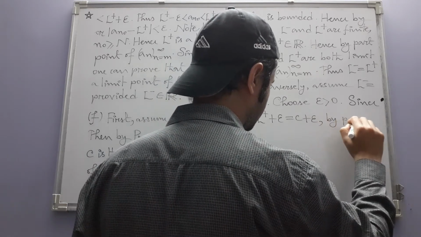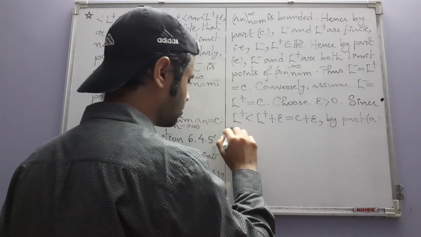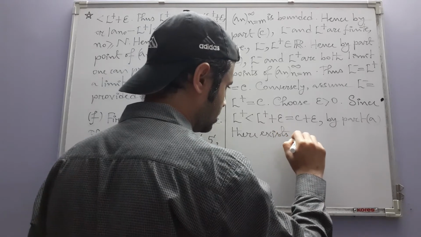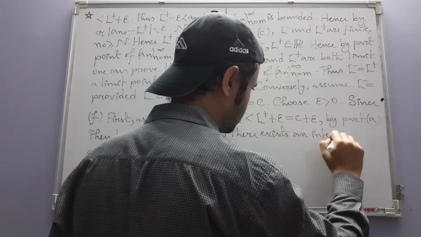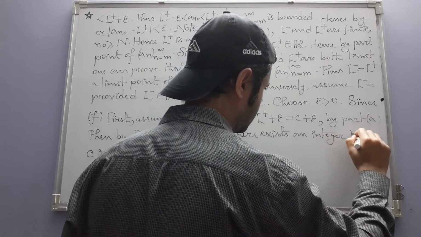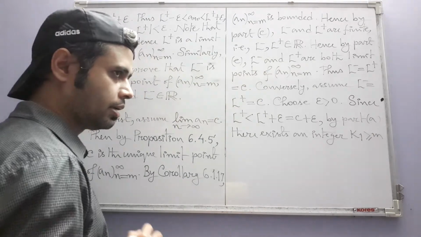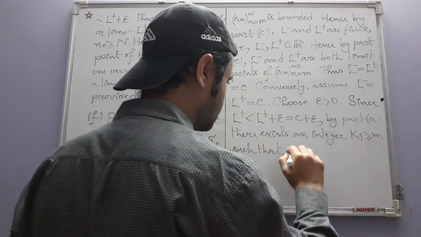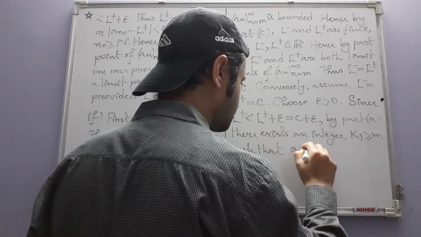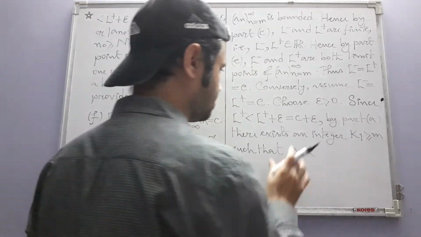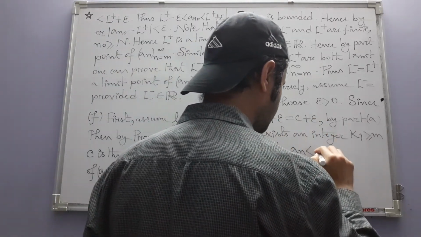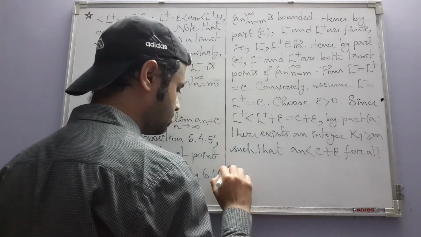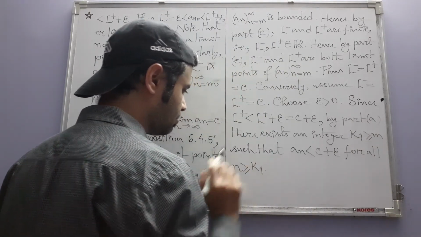by part A, there exists an integer k1 greater than or equal to m, such that an is strictly less than this, that is C plus epsilon, for all n greater than or equal to k1.